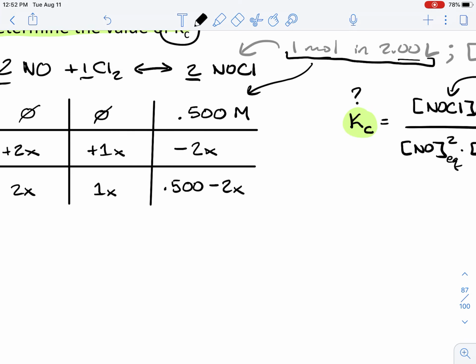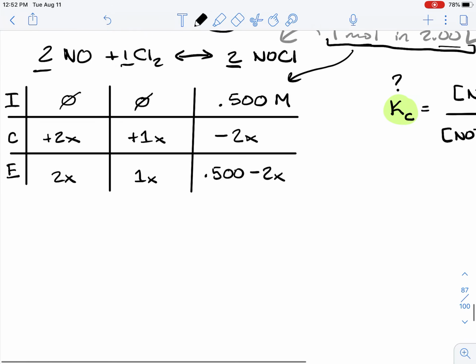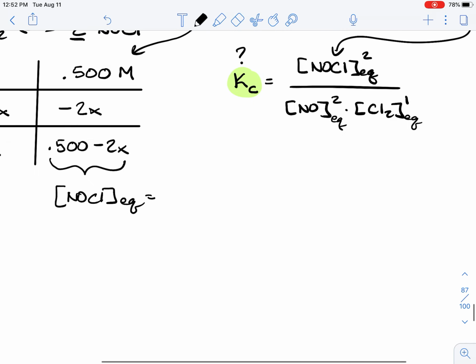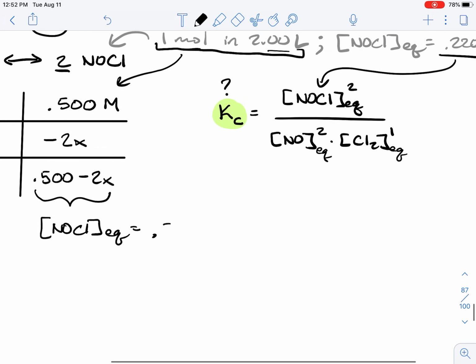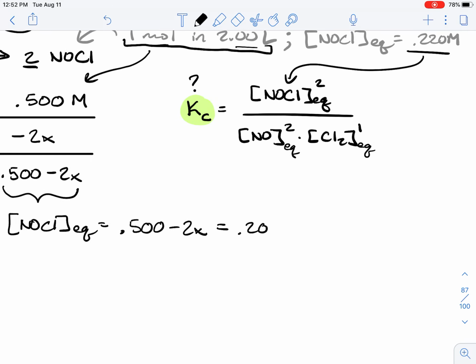Remember that this is the expression for the concentration of NaCl at equilibrium. And so we can say that 0.500 minus 2x is equal to 0.220 molar.